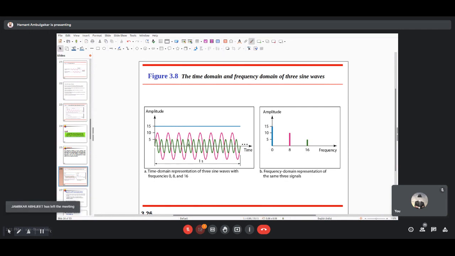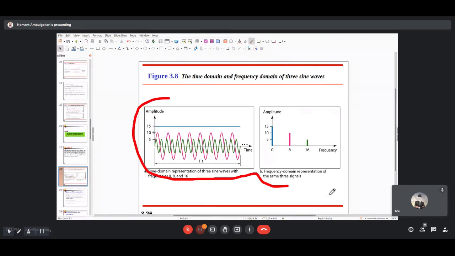Its frequency is 0, because it's just a simple horizontal line. But look at its amplitude. Its amplitude is 15, right? Whereas the amplitude of the sine wave with green color is 5, and the amplitude of the sine wave in pink color is 10.